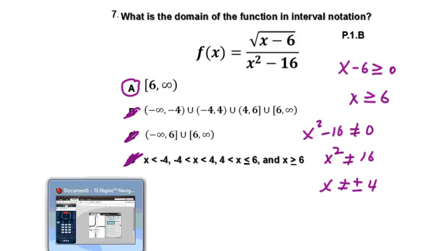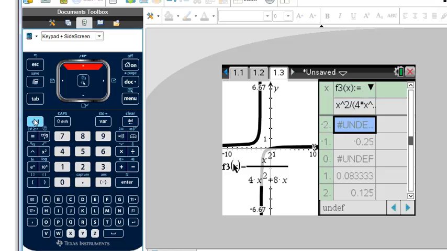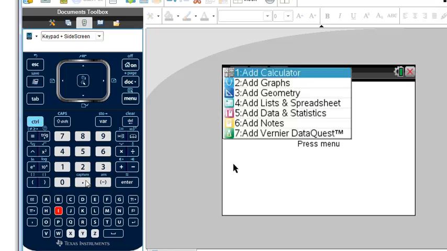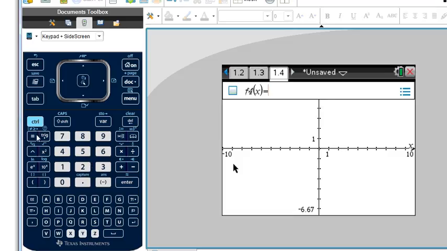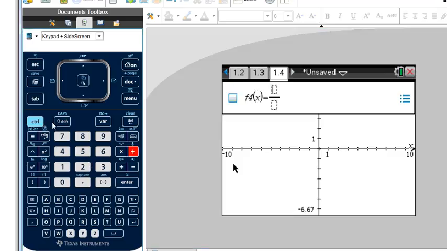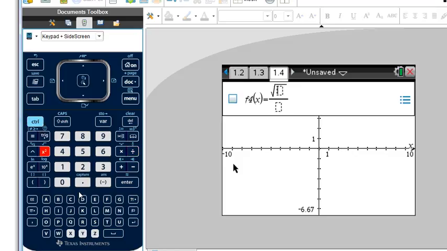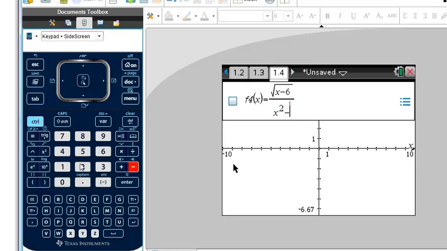But that's all not necessary because of what this takes care of in the numerator. And finally, when we graph this thing, let's take a look at this. We go to control, we get square root of x minus 6, and down below here we have x squared minus 16, and we graph this.